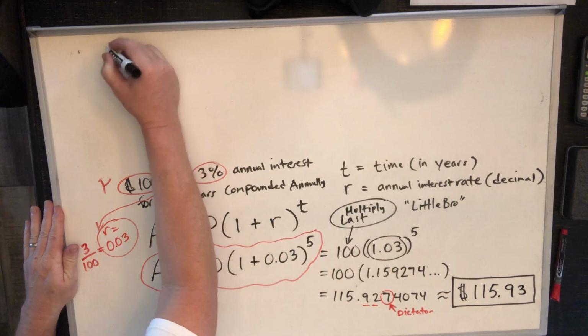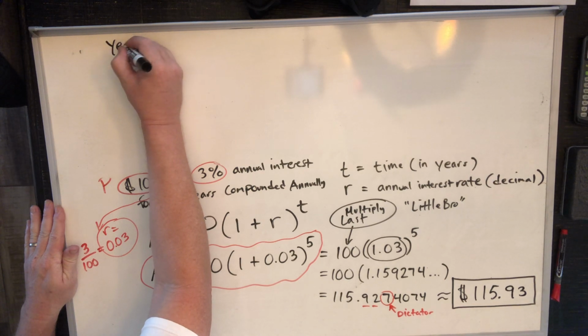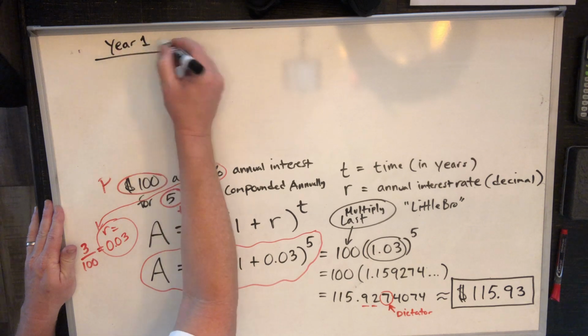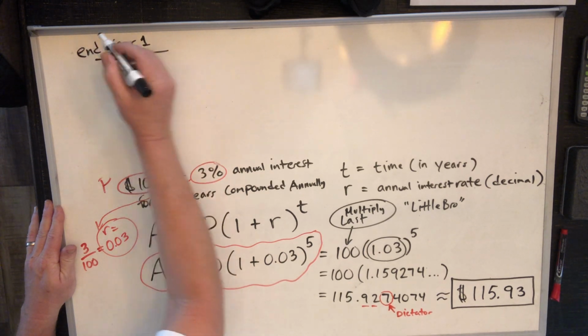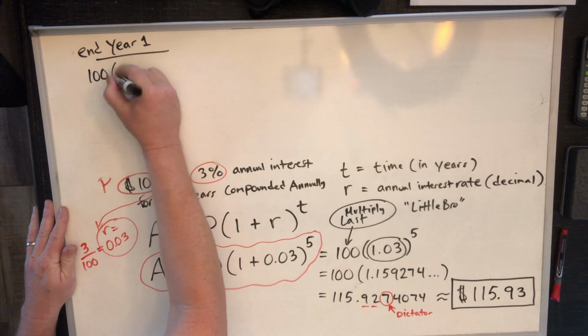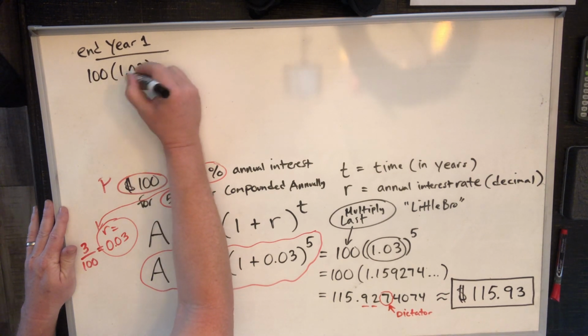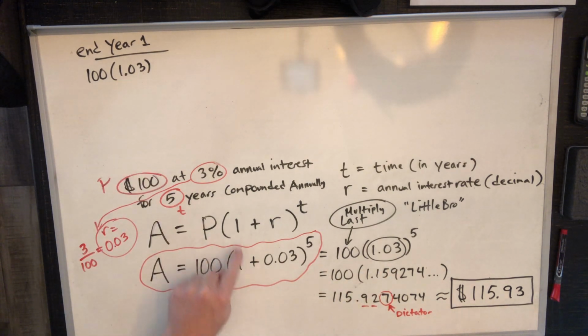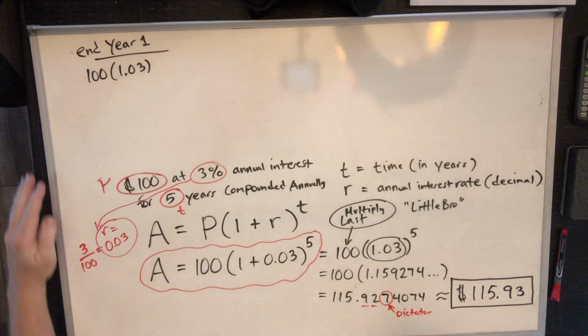So you can kind of think of it like this. Year 1, at the end of year 1, assuming this is at the end, you owe $100 times 1.03. That is 1 plus 3%. The 1 represents the original principal plus the interest that you're paying at the end of a year.